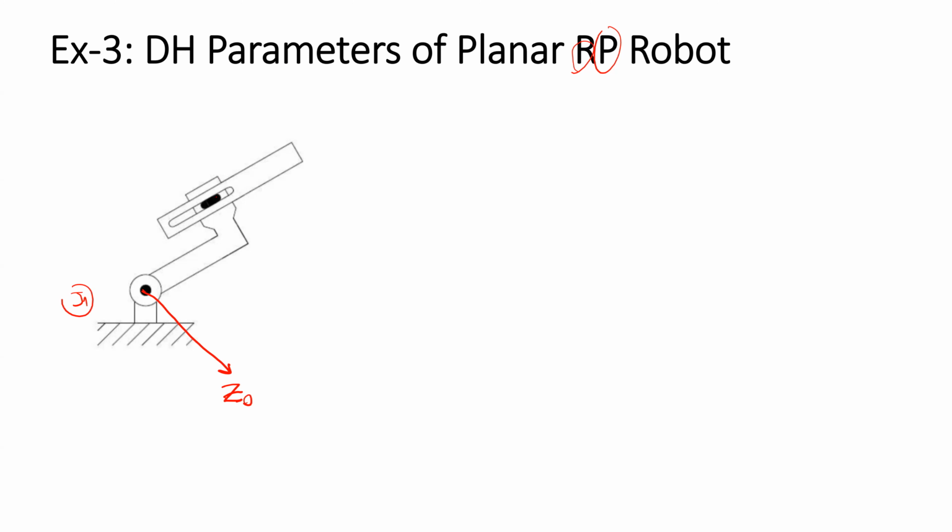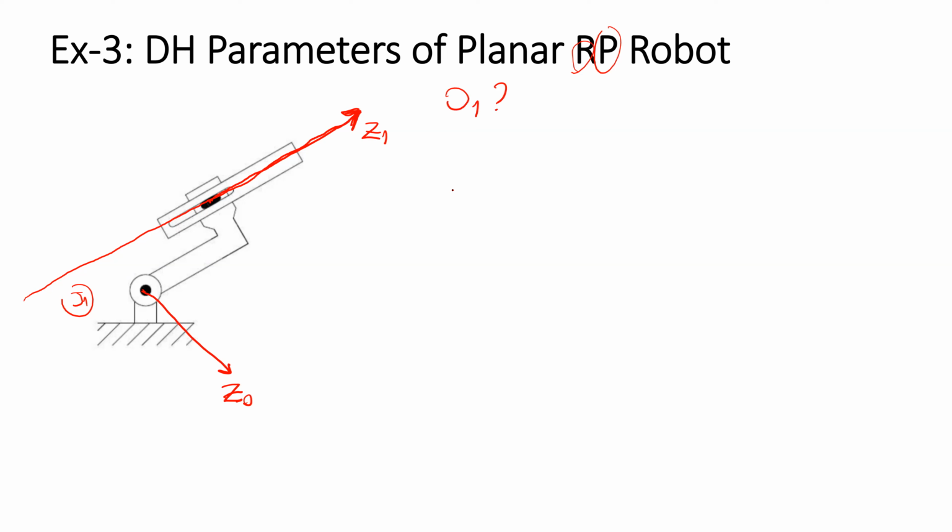And the direction of the prismatic will be the direction of Z1. The joint axis of the prismatic is along the line. So we still don't know where is the origin of frame 1.